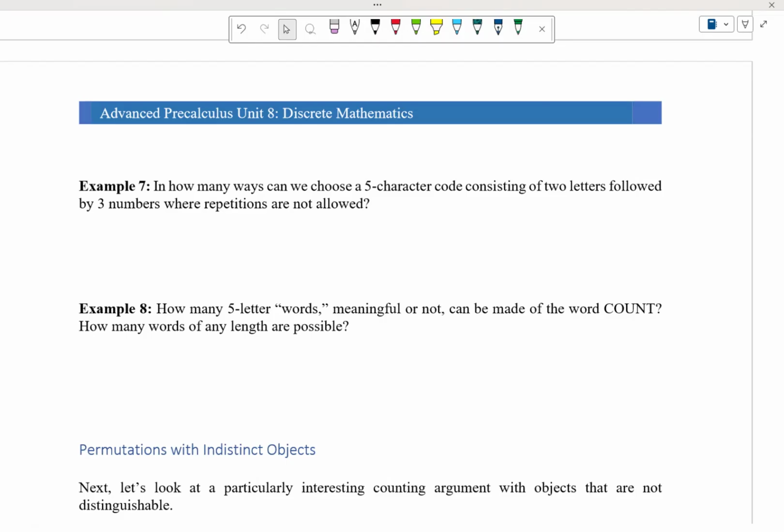You can make words with five letters. Yeah, that's a problem. Are we ready?